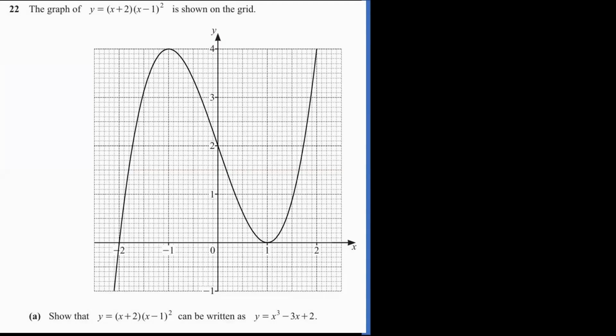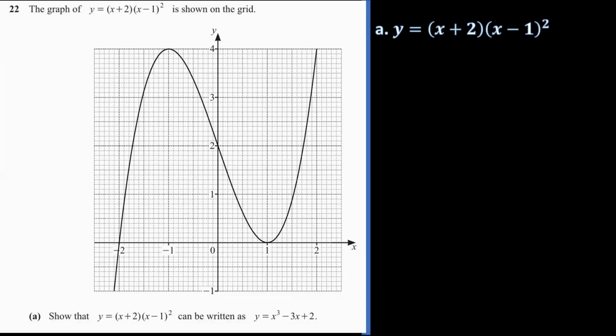So just what we need to do is just to expand that bracket. I hope we know how to expand, but if we do not, in this video also, I've taken my time to show how this can be expanded, because that's just what we need in order to re-express what we are given in the form s cubed minus 3s plus 2.